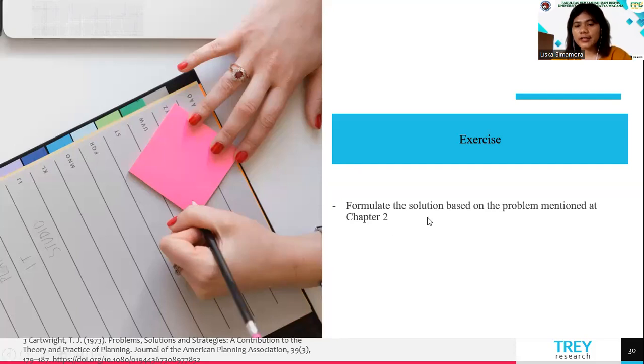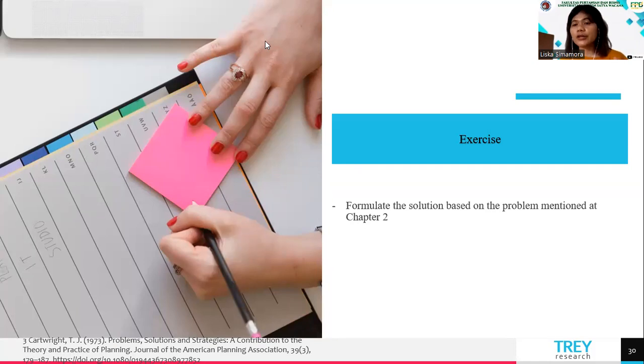You have to formulate the solution based on the problem mentioned in chapter 2. So you can go back to chapter 2 and formulate the problem, to formulate the solution. How to formulate the solution?